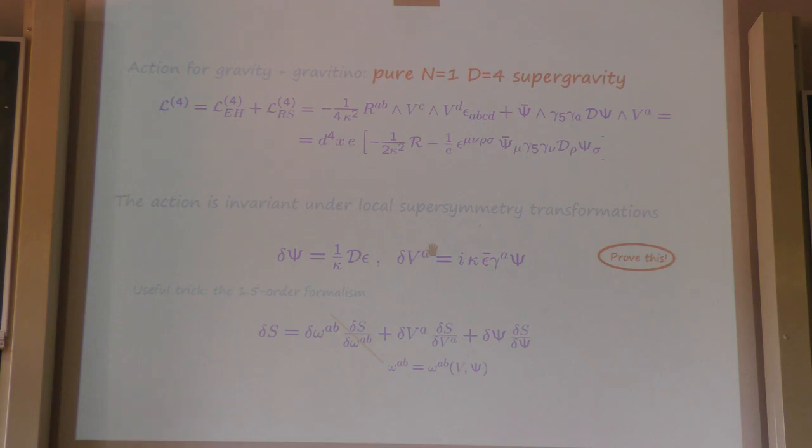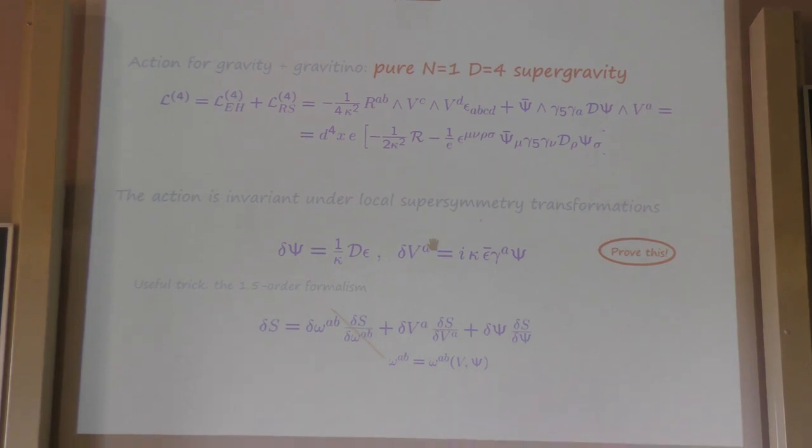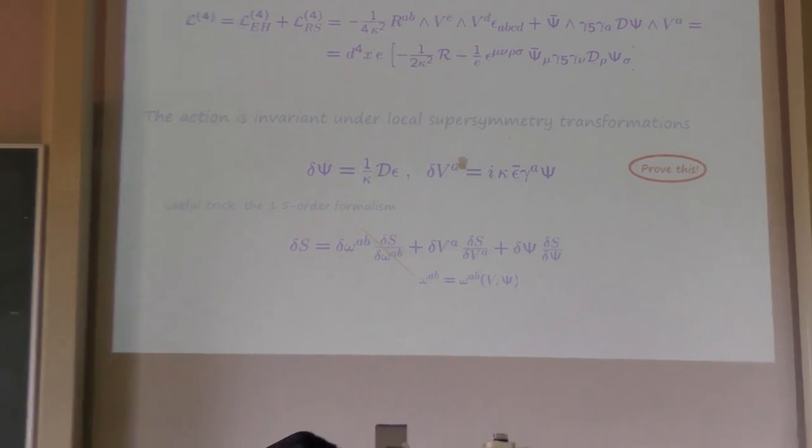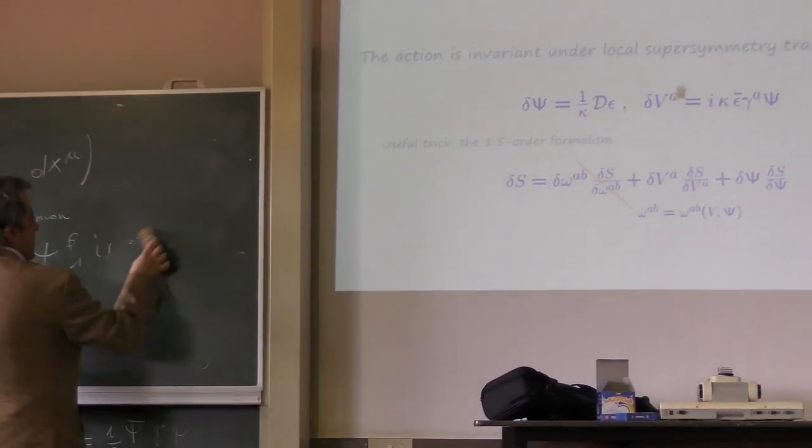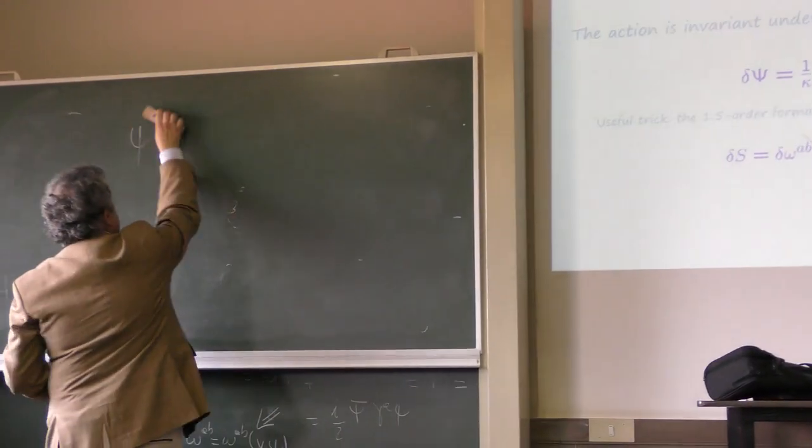It's important to use certain relations which allow you to write products of psi in equivalent ways. These are called Fierz identities. I give you the main Fierz identities here that you can use, and you can find them in the lecture notes. The main Fierz identity involves the product of two psi's.